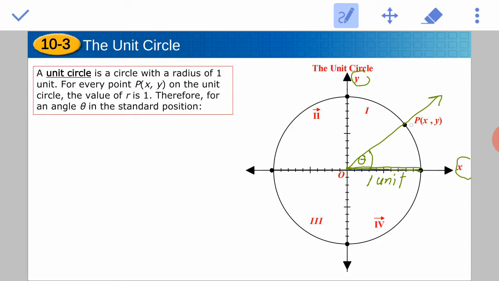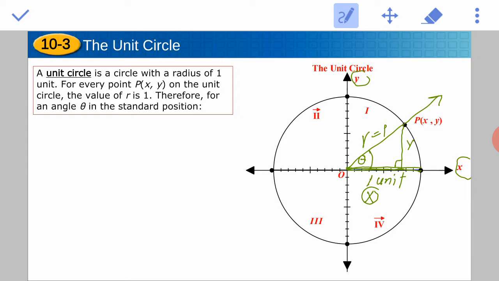What is that? If we create a right triangle in order to apply the trigonometric functions, this is our angle theta. The opposite side is exactly the y coordinate, it's y, and the adjacent side of theta is equal to x, and the radius of this circle r is equal to 1 unit.